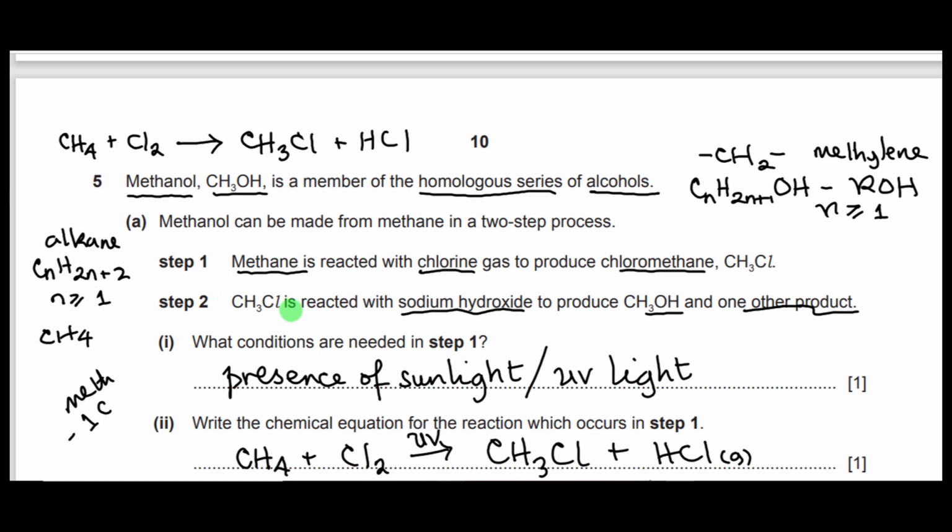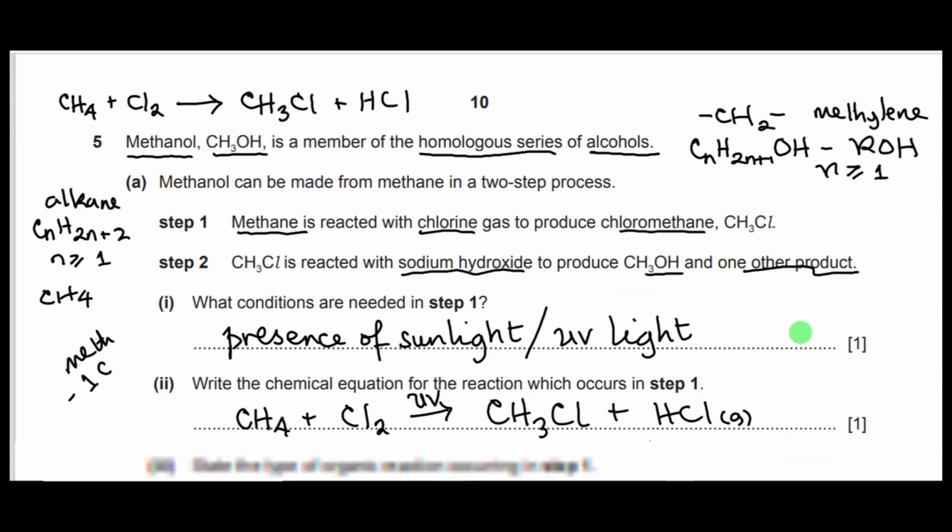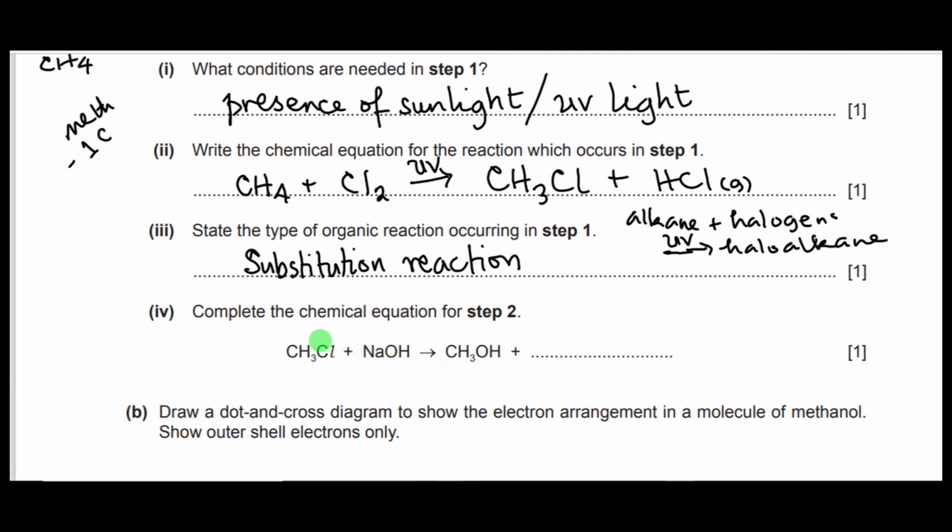Okay, step 2. What happens in step 2? Chloromethane is reacted with sodium hydroxide to produce methanol and one other product. So from here, what is happening here? We have CH3Cl plus NaOH giving us CH3OH. So this OH here combines with the methyl group here to form methanol.